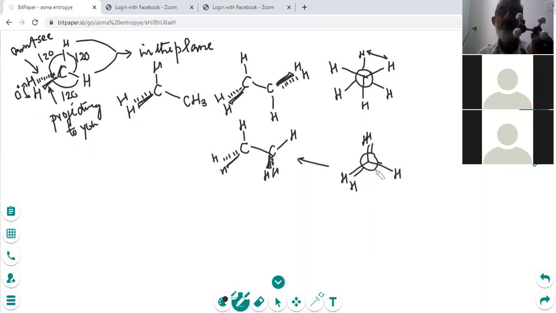Now you can imagine this. In this form, you can see these two hydrogens are very close to each other, and there will be interaction.